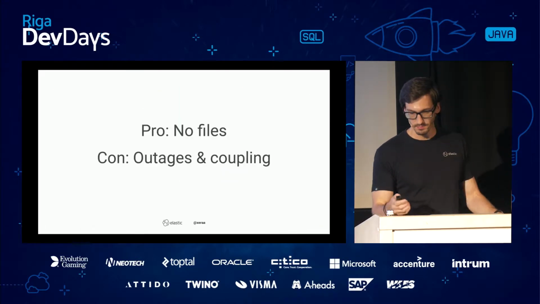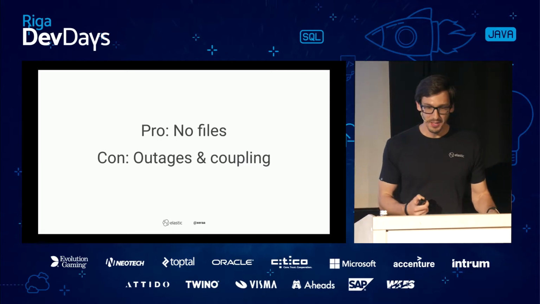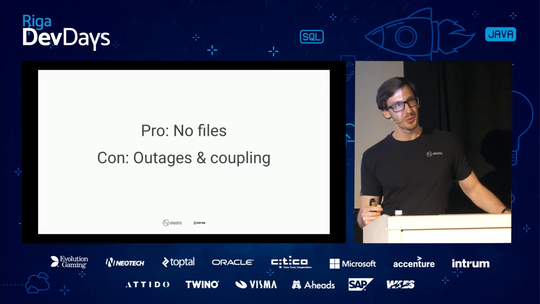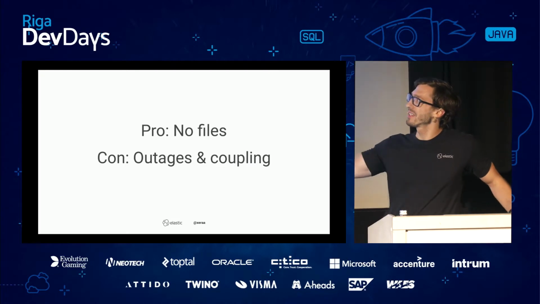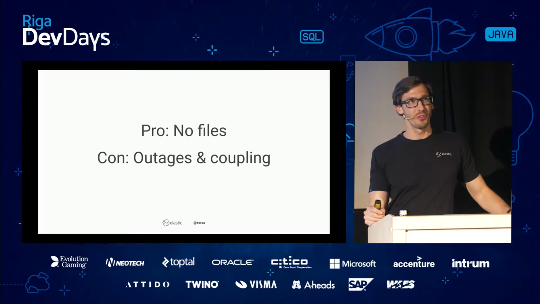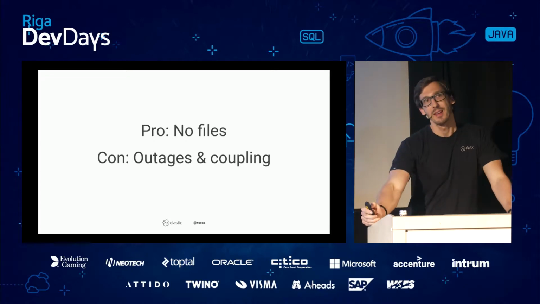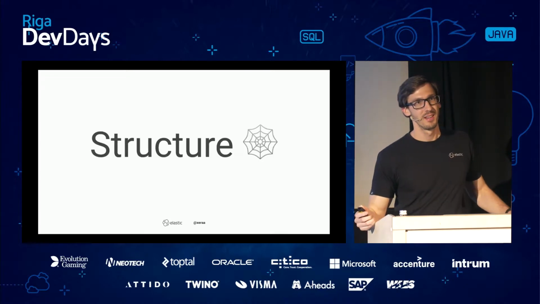So that is nice because you don't need any files anymore. The thing is, if something is out or down and you have this coupling here, if the system is not reachable, your logs are just gone and you don't have any option to see them. So probably also not that great. What could I do instead?